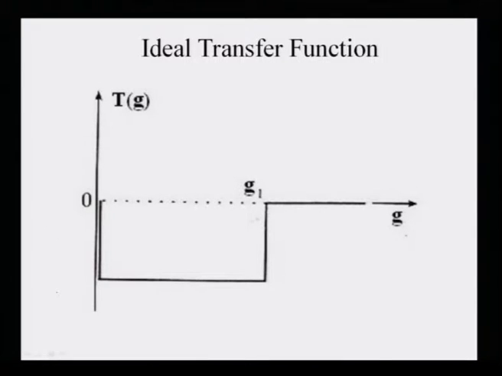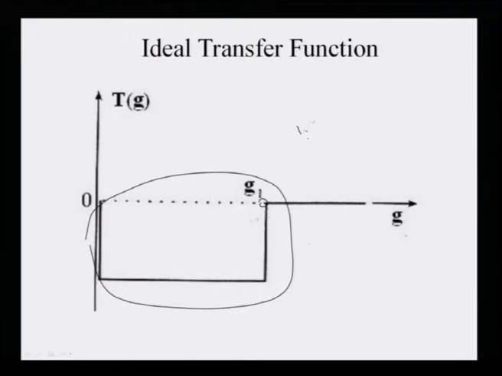Obviously, in ideal transfer functions, as a function of g, the number of zeros in the transfer function should be as small as possible. The number of zeros here is this, and this is for an ideal microscope, which is not possible to achieve at any cost.